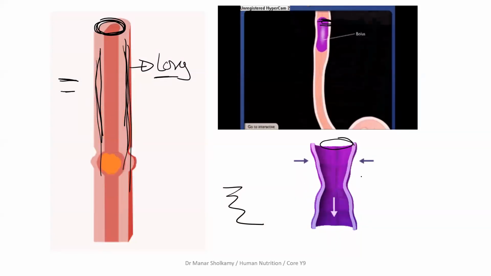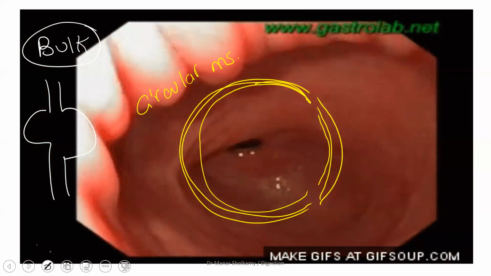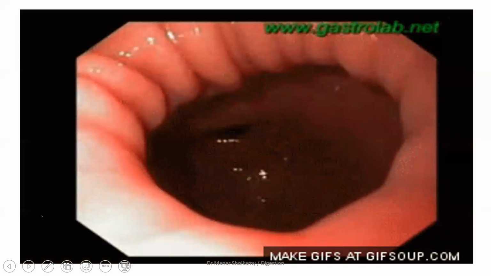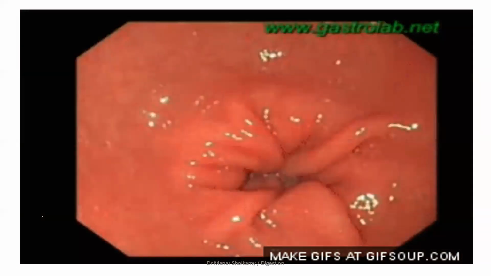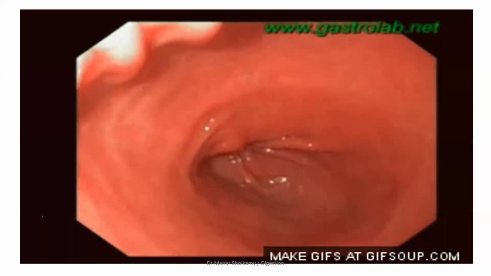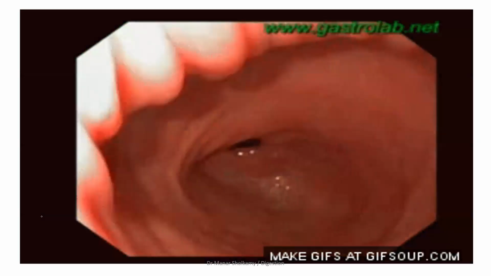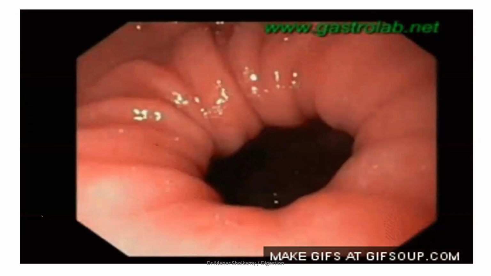Perfect. Okay, so let's go back to this picture, because this picture makes everything clear. You have two muscles in your digestive tract. Of course, it starts from the esophagus. I'll tell you what the esophagus is in case you don't know, but tomorrow. And all along your digestive system, you have these muscles. Your digestive system is a long tube of muscle that is always moving.